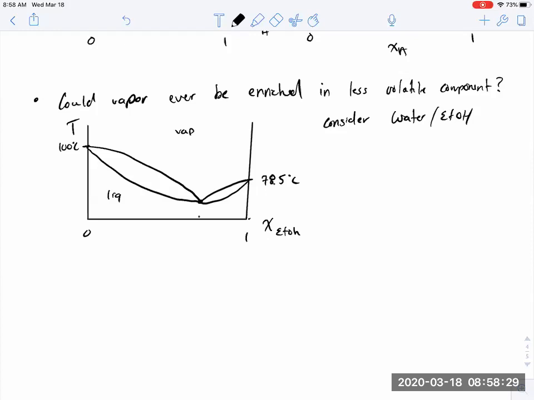This is not really to scale. This point occurs at a mole fraction of ethanol equal to about 0.96.